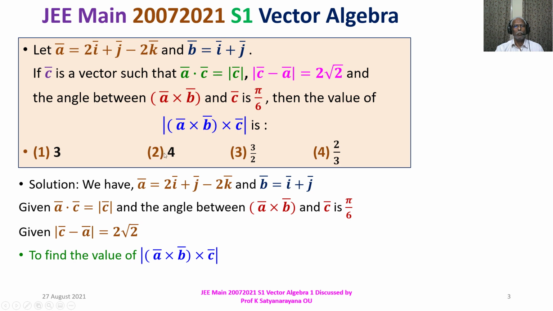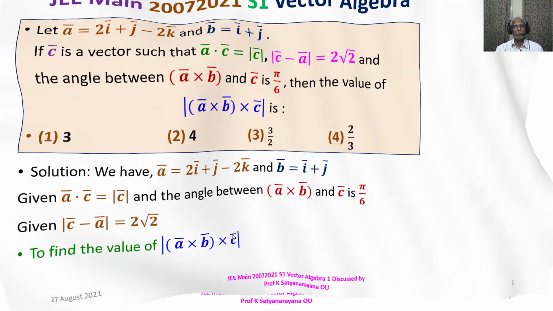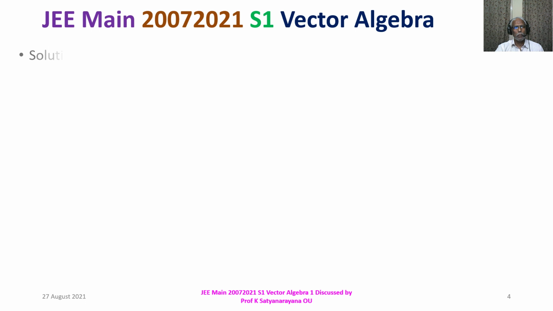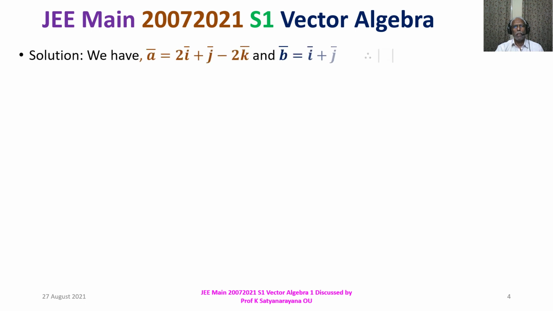To find modulus of in brackets A bar cross B bar cross C bar. We have the vector A, vector B and modulus of the vector A is equal to under the square root of 2 square plus 1 square plus minus 2 whole square, that is 9, under the square root of 9 is equal to 3.